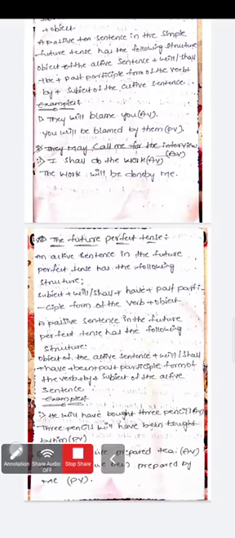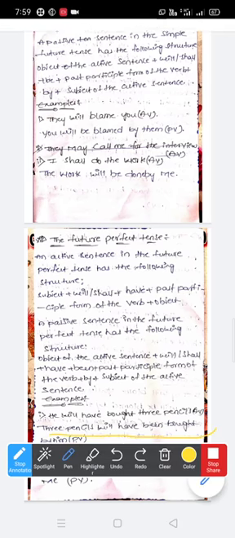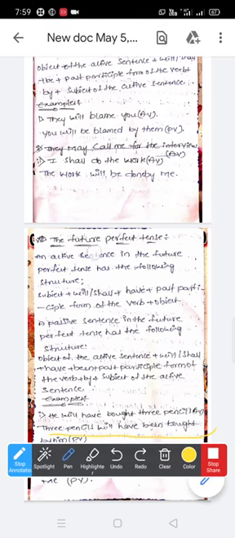And the last one, the eighth one, the future perfect tense. Active sentences in the future perfect tense have the following structure: subject plus will, shall plus have plus past participle form of the verb plus object.